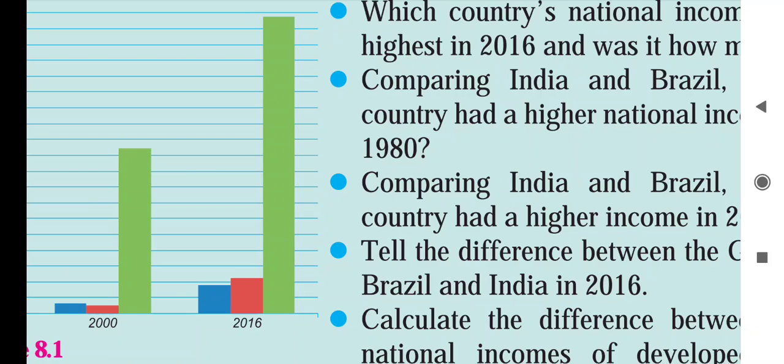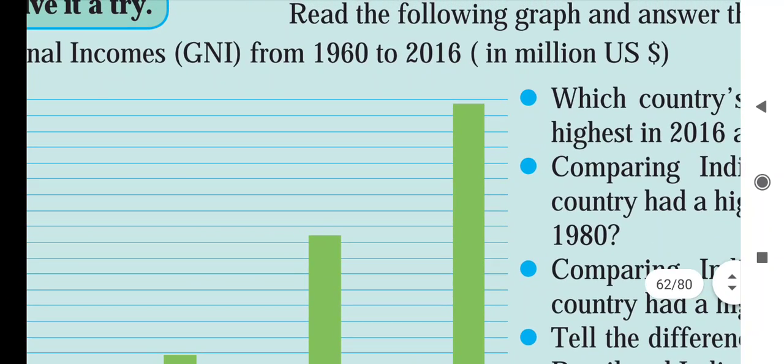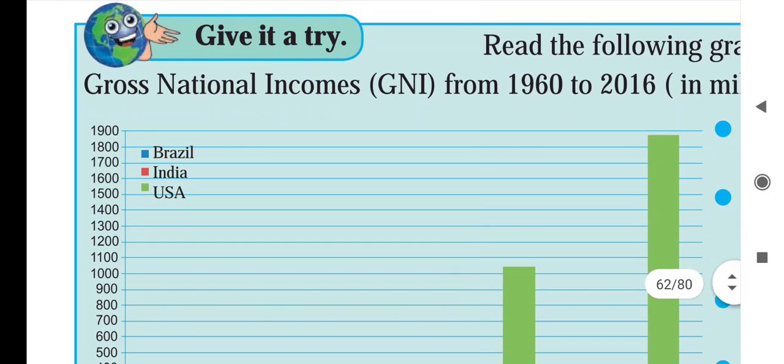And USA, it was 81,850 million US dollars. How can we say? So see here, 1500 is given. As it is above the half line, we can call it 60, 1860 or 70 US dollars also.